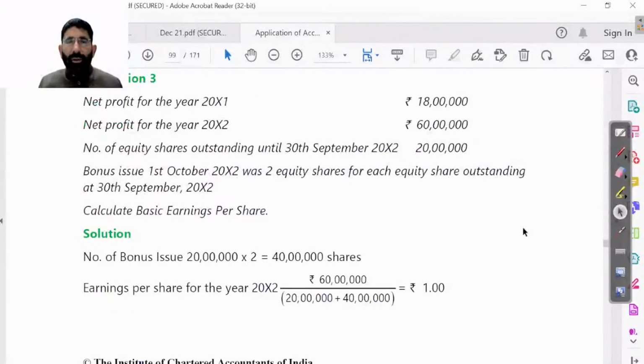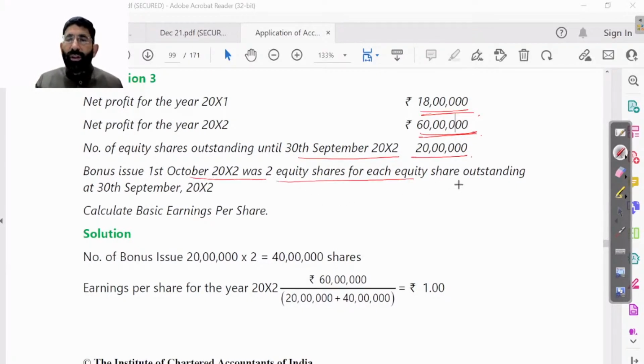See, here it is. In the given case, illustration number 3, he says 18 lakh is the net profit of the previous year. And this is the net profit of the current year. Number of equity shares outstanding in the current year up to 30th of September, 20 lakh. Now bonus issue is made during the year.